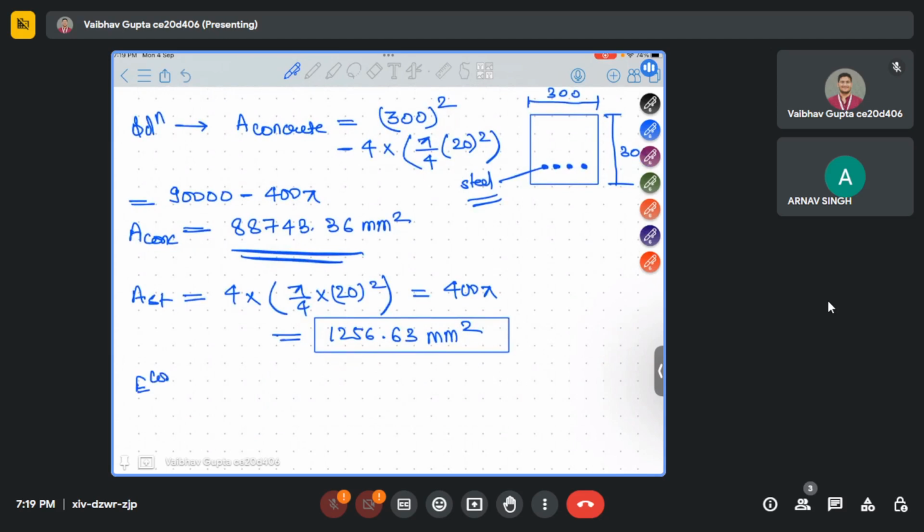E of concrete is given to us, which is nothing but 30 GPa. It is 30 into 10 to the power 3 Newton per mm square.